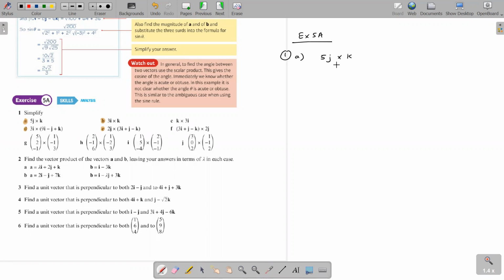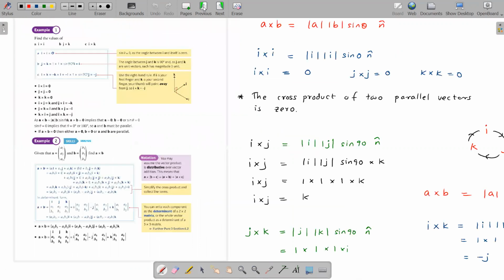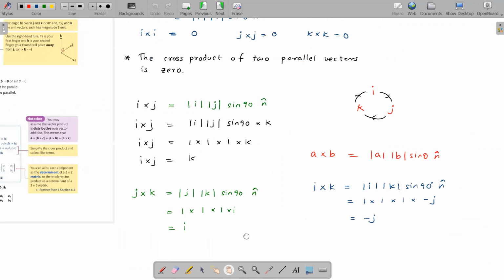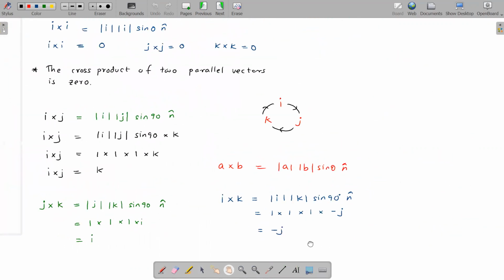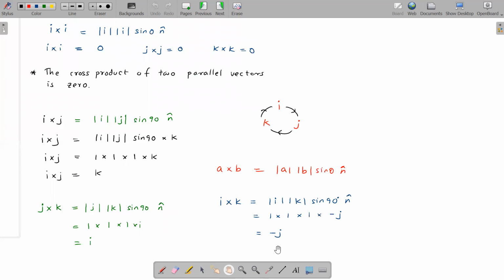Okay, 5 is basically a constant, leave it aside. So you have to take j cross k. Actually, when it comes to this, shall we learn to write the answer in one go? Previously I was using this formula and doing all these sums. But do we really need to? No, right? We can get the answer in one go.